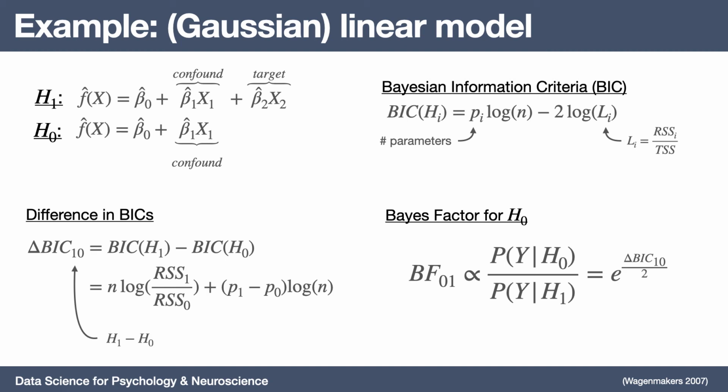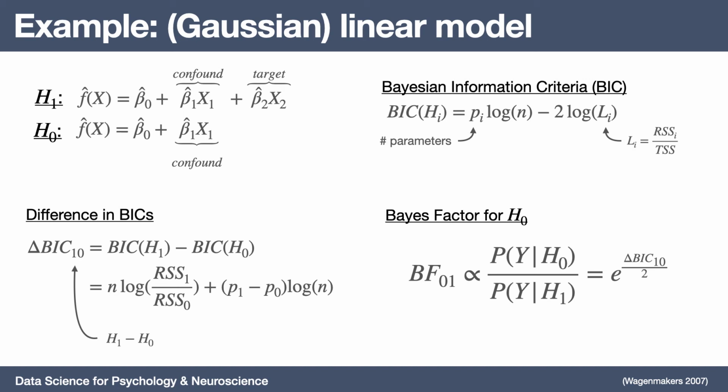So you take that difference in Bayesian information criteria for the alternative against the null, divided by 2, take it to the power of e. And that gives you your Bayes factor. It is now a quantifiable bit of evidence towards or against the null hypothesis.